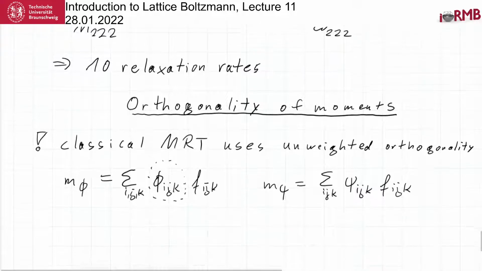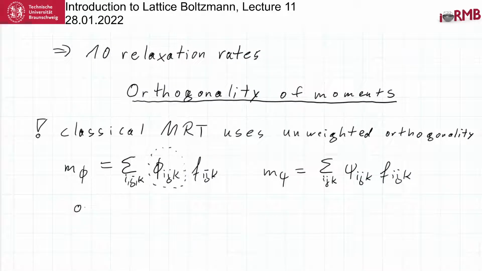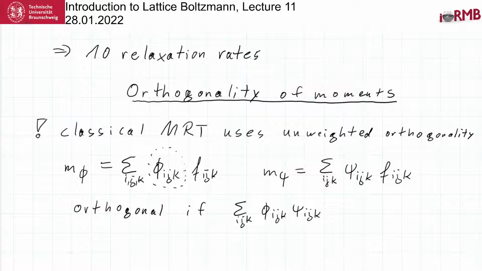So this is the definition of two moments, and they would be orthogonal according to this definition if the sum over ijk of phi ijk times psi ijk is equal to 0.